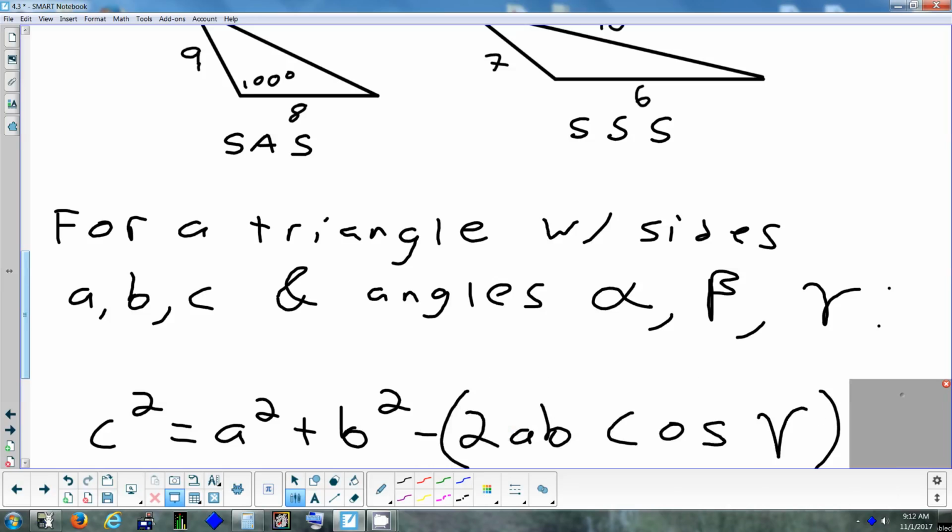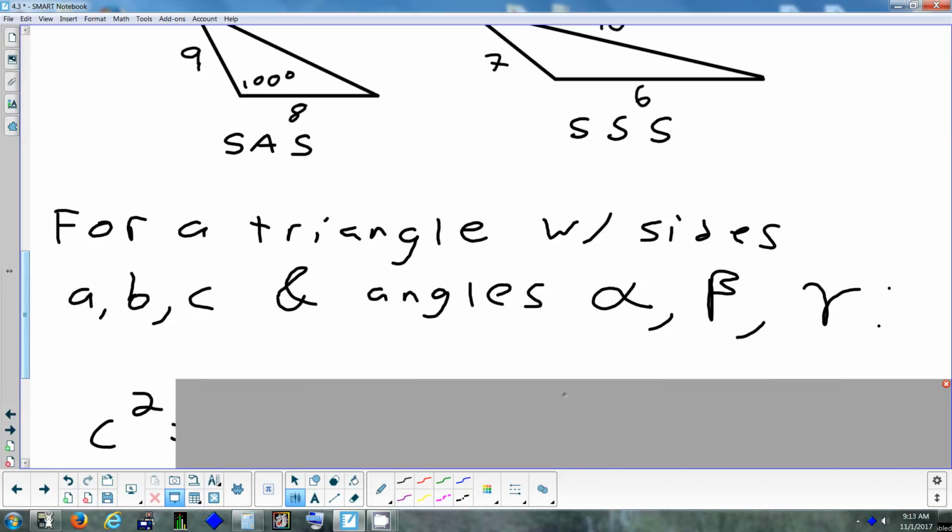But one side squared equals the sum of the other two squared minus twice the other two we just had right there times the cosine of the angle across from the side you started with. So if you start with a c, it would be a gamma. If you started with an a, you'd have an alpha at the end. If you started with a b, you'd have a beta at the end. Okay, but that's the pattern.